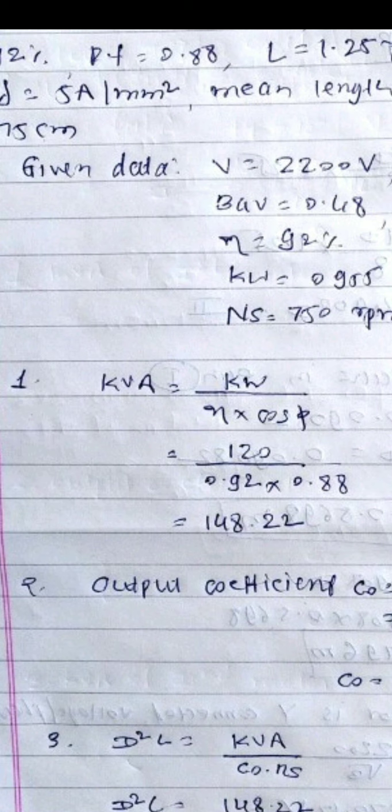Put the value: kW is 120, efficiency is 0.92, and cos phi is 0.88. Just calculate and it will become 148.22.